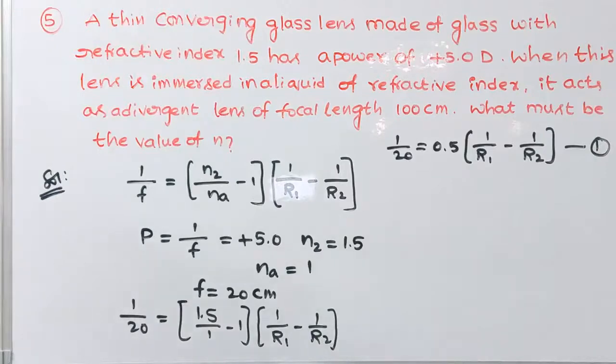Next, it acts as a divergent lens of focal length 100 centimeter. What must be the value of n?